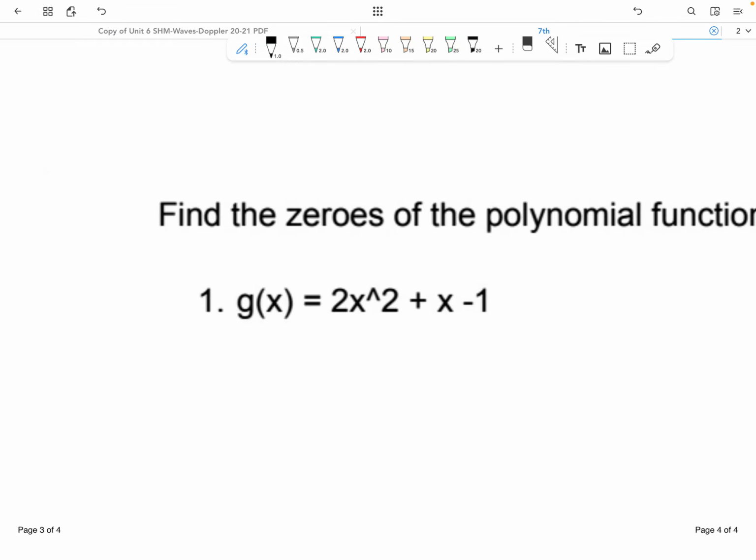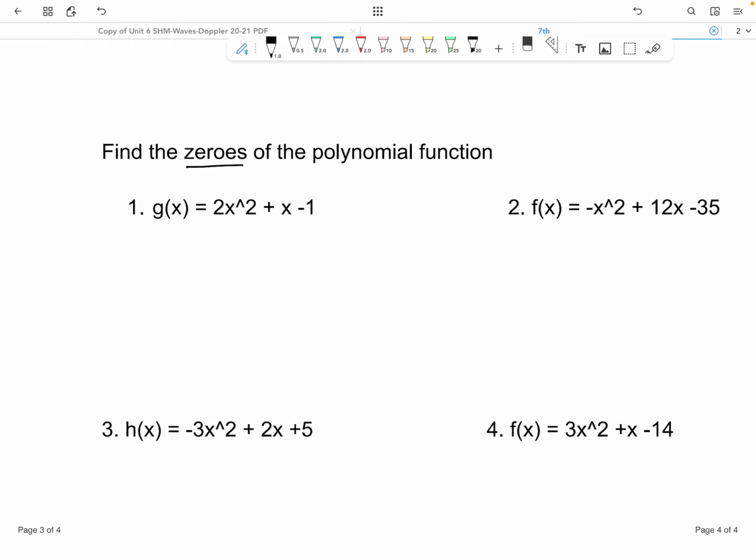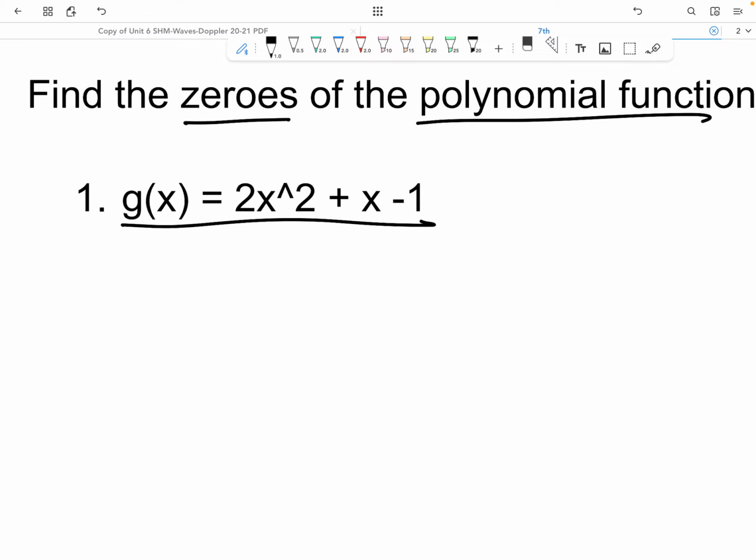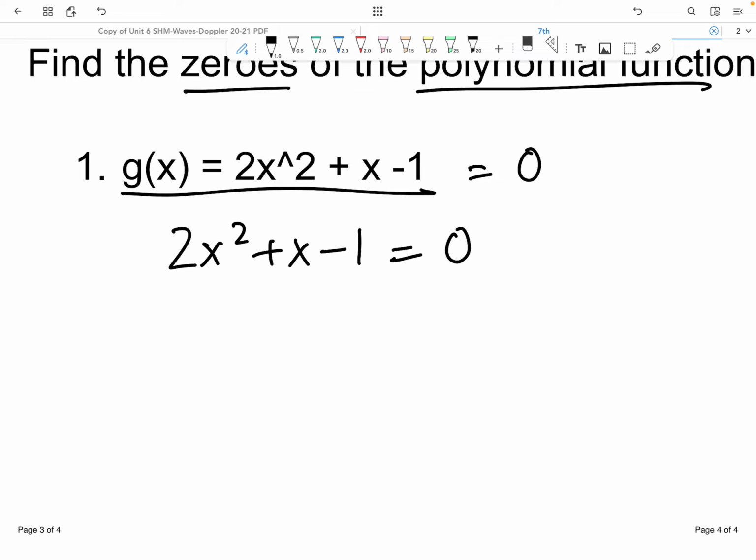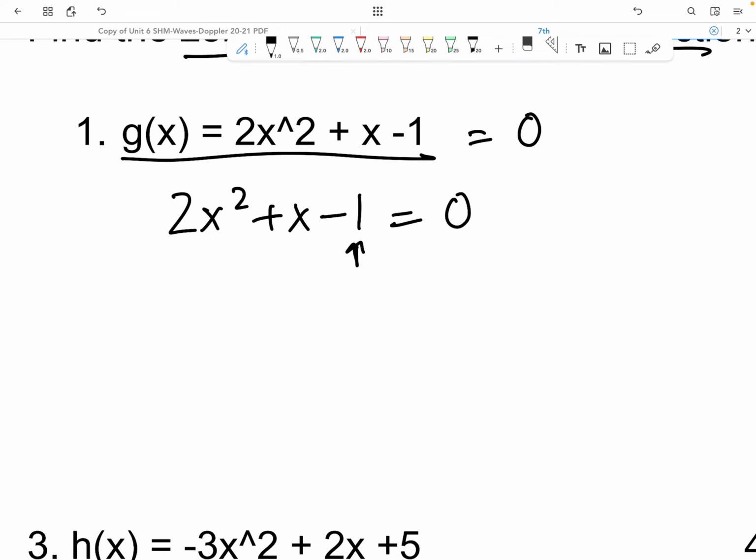Moving on. Now, it says find the zeros of the polynomial function. What that means is that of this function, if you were to make it equal 0, what would be the solutions? Well, you have 2x squared plus x minus 1 is equal to 0. Now you know your factors, 1 times 1, and 2x has a coefficient of 2.